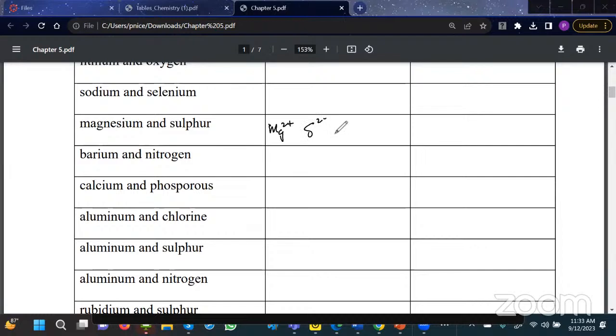Right, so basically we don't need to multiply any of them by anything because the 2 plus will cancel out the 2 minus. So the formula becomes MgS, and the name will become what? Magnesium sulfide. Exactly. So whenever you have a positive and a negative charge that's the same number, they just cancel themselves out, therefore you wouldn't have a subscript. Exactly. Okay, thank you.